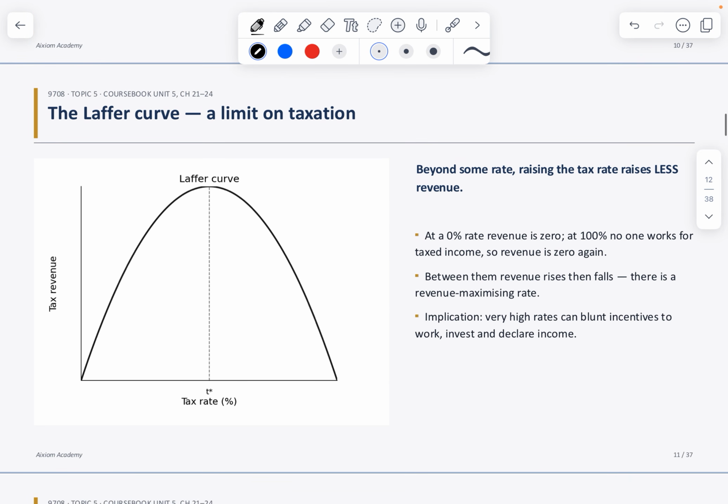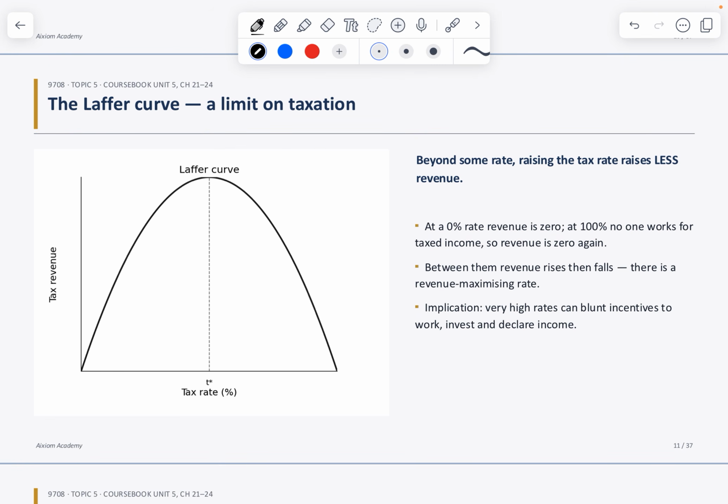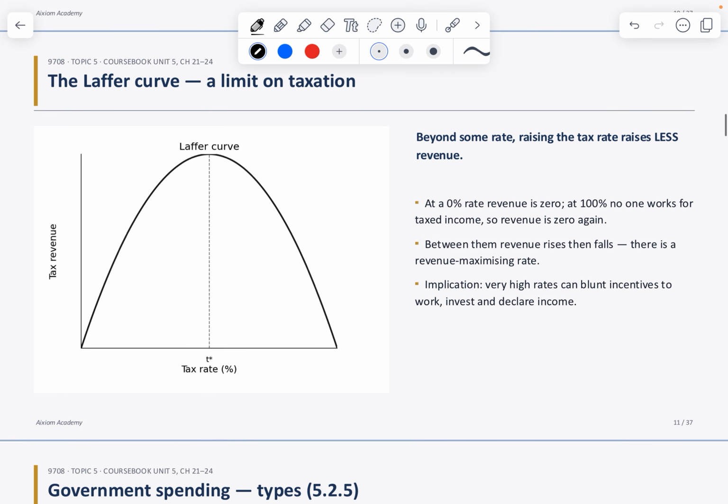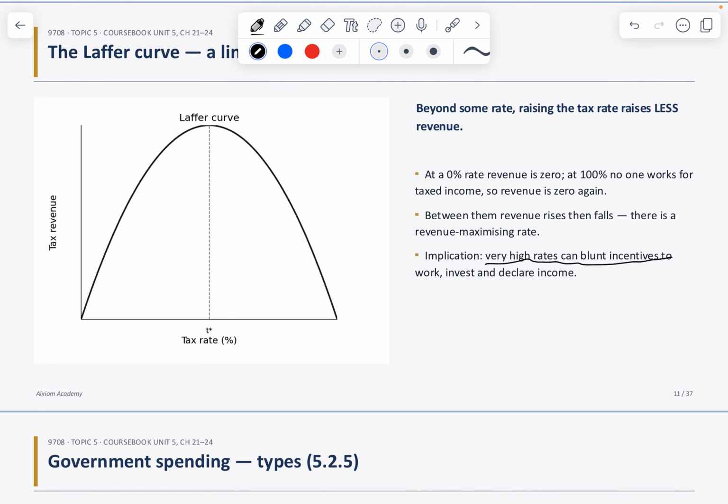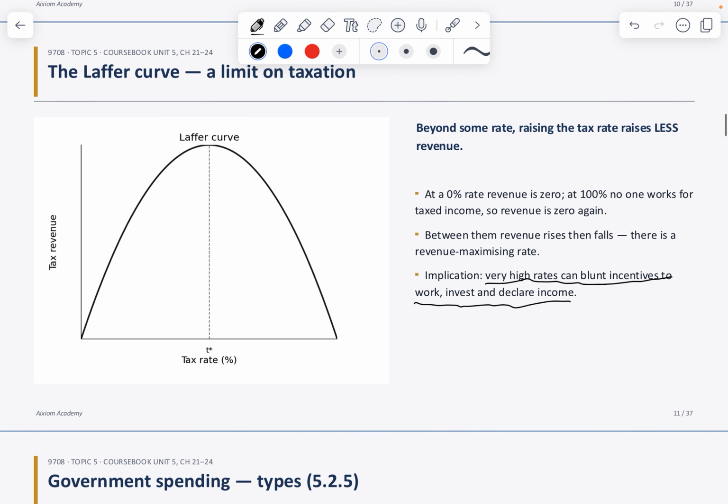And then we have the Laffer curve, which is a theoretical curve that says tax rate and tax revenue have a bell-shaped relationship. I believe this is beyond the syllabus, but a very important implication here is that very high rates can reduce the incentive to work, invest, and declare income.